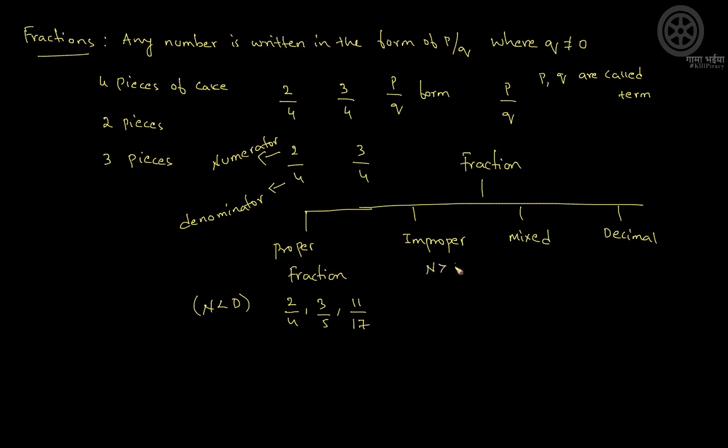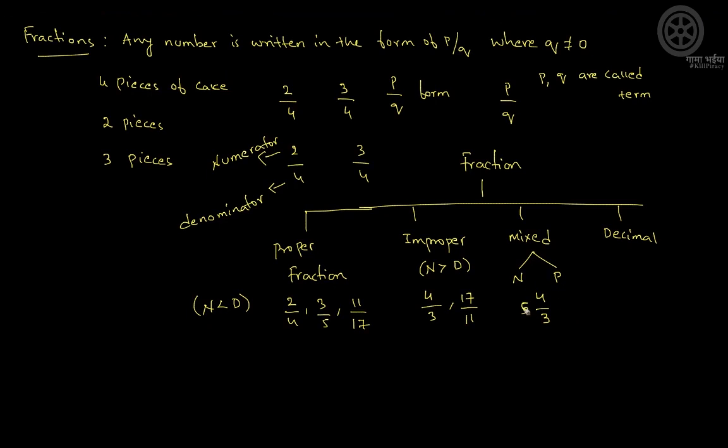When the numerator is greater than the denominator, it is called an improper fraction, like 4 by 3, 17 by 11. Mixed fraction is a combination of a natural number and a proper fraction, in the shape of 5, 4 by 3.